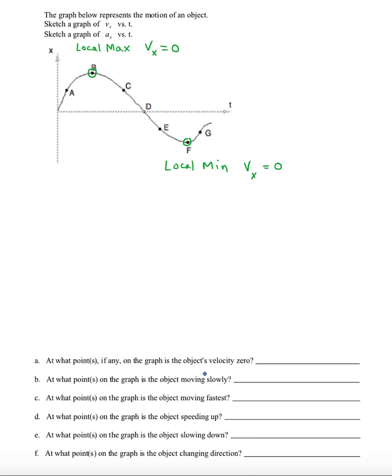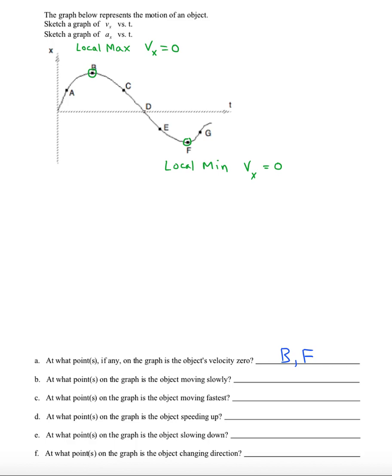So at what points is the object's velocity 0? At B and F, the turnaround points. It's where the object is changing its direction of motion. For example, on the way up, we were headed in the positive x direction. We stopped suddenly, and then when we return toward the negative direction, we've changed direction.